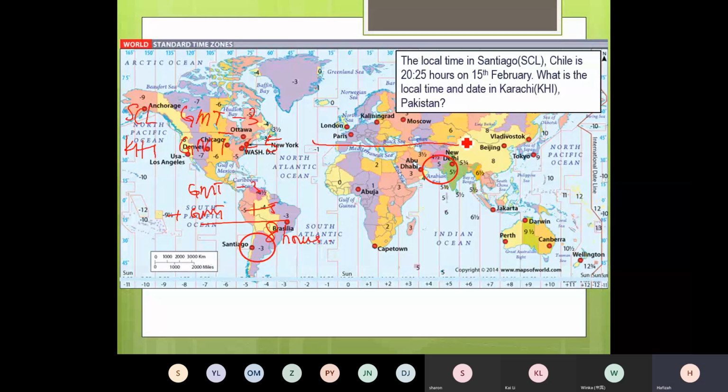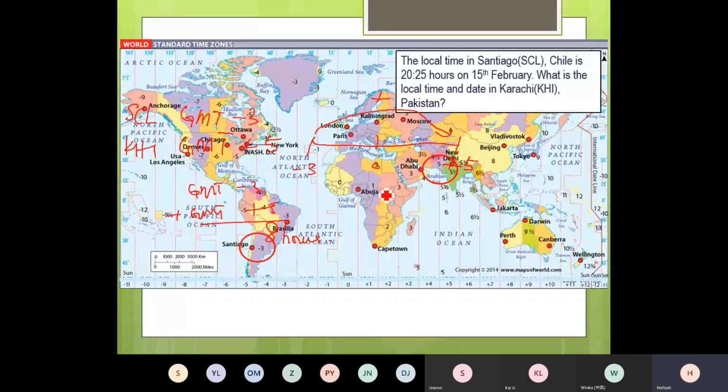So if you see this kind of timeline, this one is minus 3, this one is 0, and this one is plus 5. Now they want to know in Karachi, so it goes to here. It means you should plus, so it's 5 hours ahead. Okay, so Karachi time is 8 hours ahead of Santiago time.